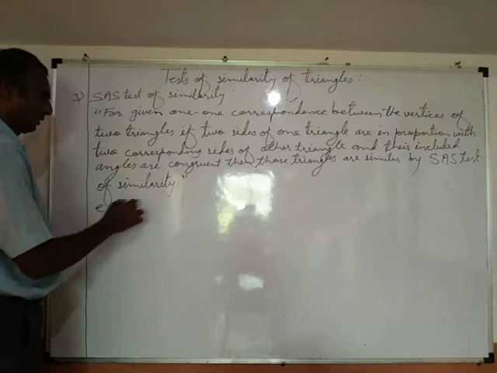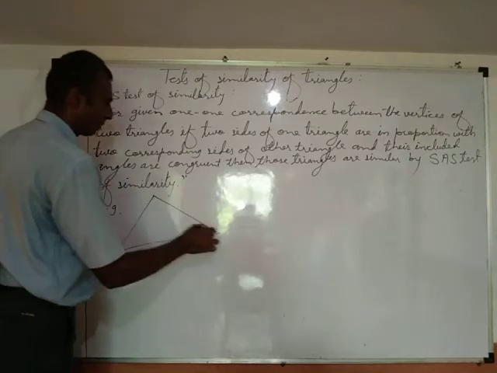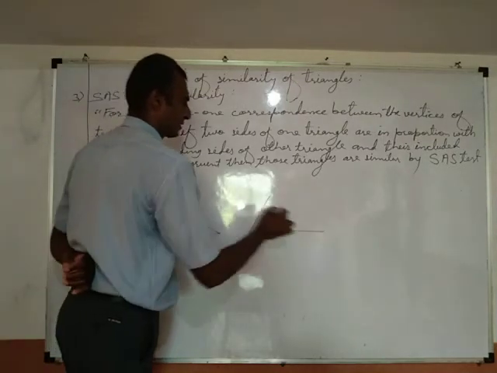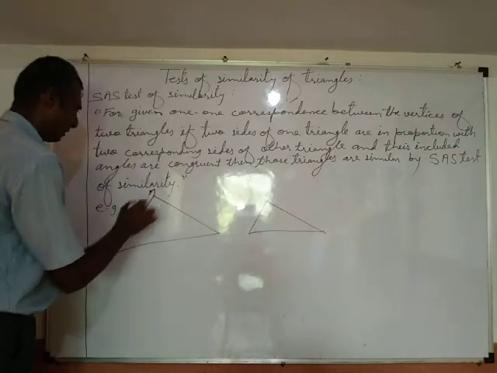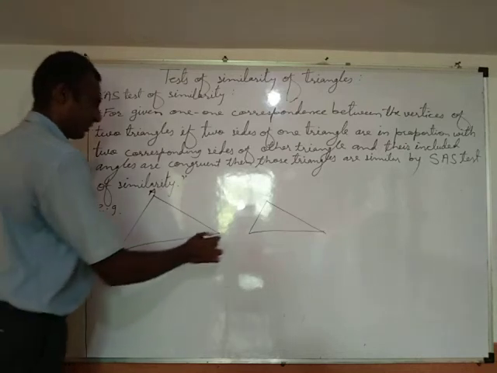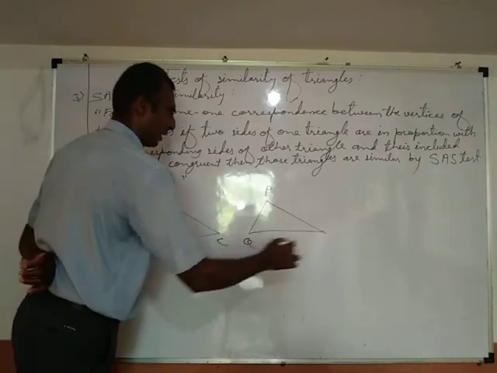Example, once again let's consider a pair of triangle ABC and triangle PQR.